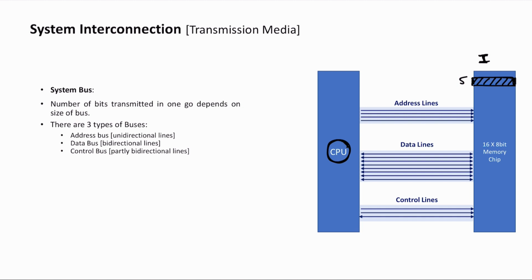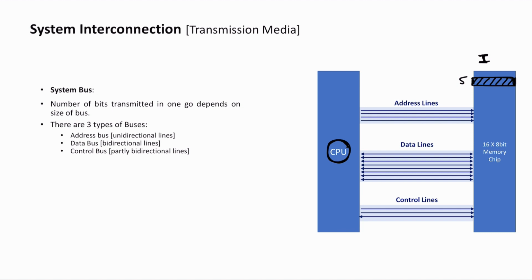So what all things will it do? In order to fetch this instruction, CPU should be able to unambiguously specify what it wants to the main memory. Therefore it will tell two things to main memory.